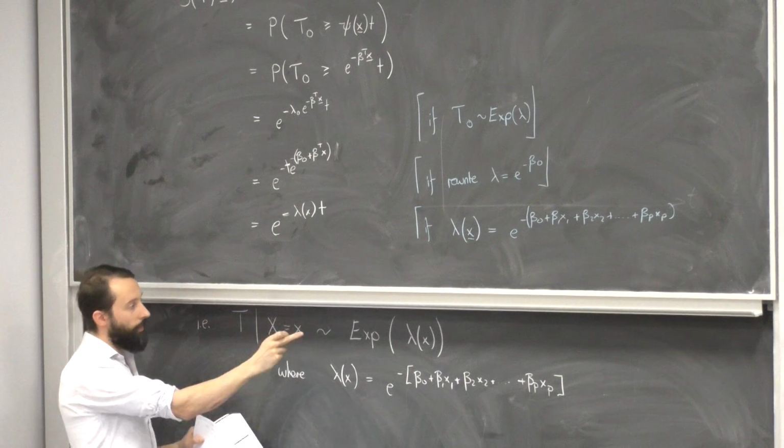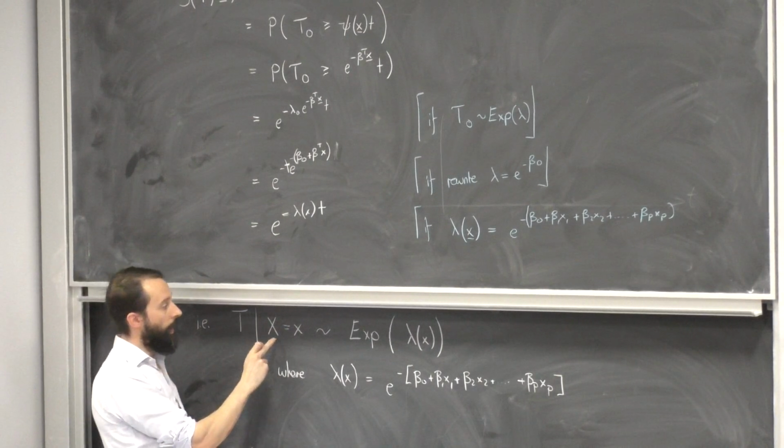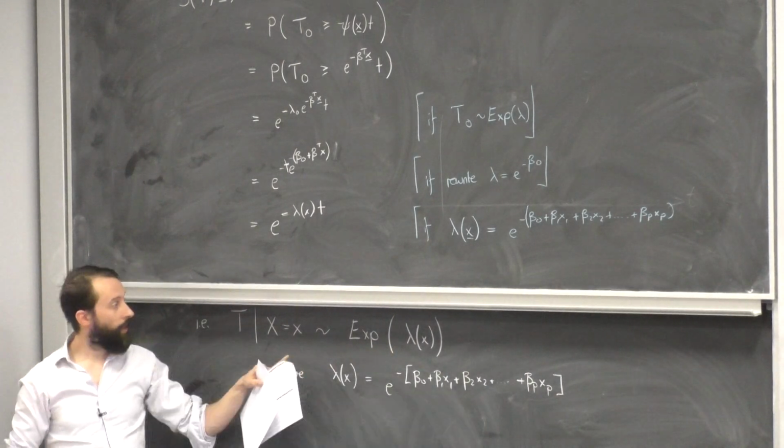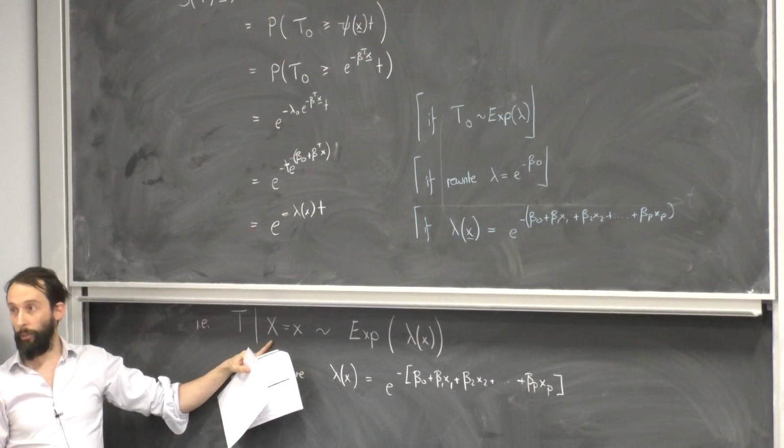So all of my individuals still have an exponential distribution, but they have different rates depending upon what variables you've observed for them.